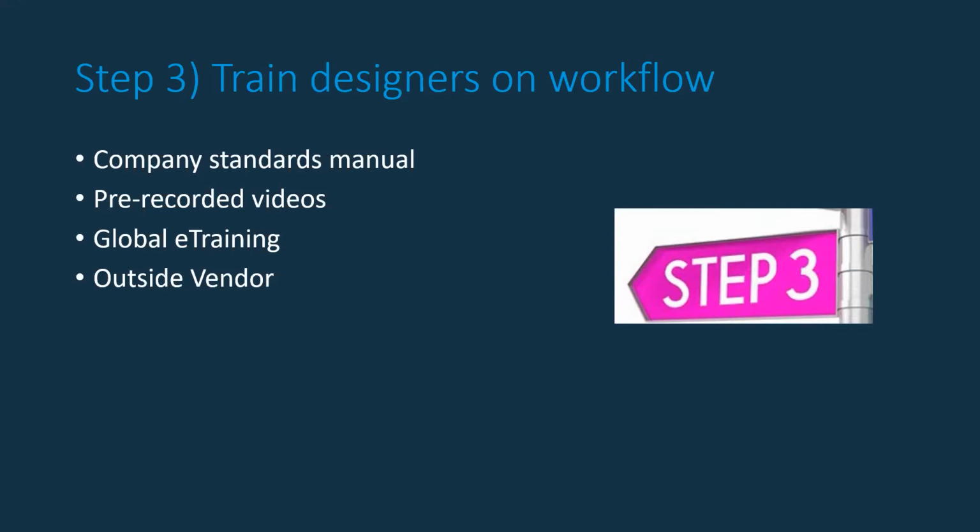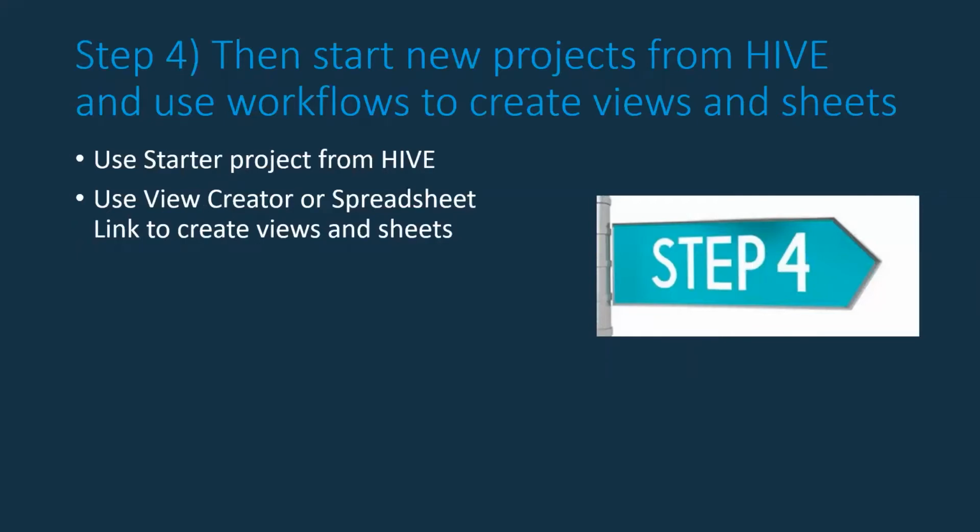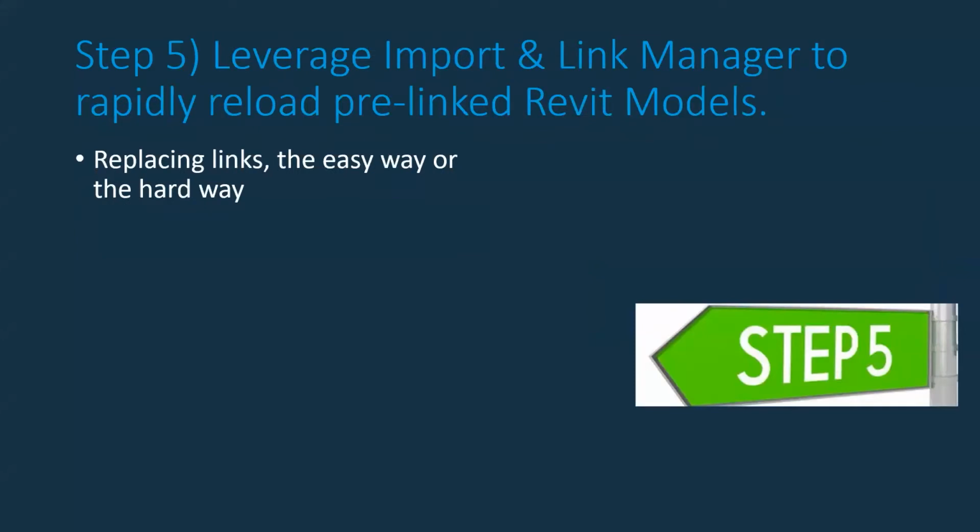All right. So step 4, we're going to take this new project template and push it to Hive. Then we're going to use the different tools we have available to quickly flesh out this project. And last but not least, we want to leverage our tools.